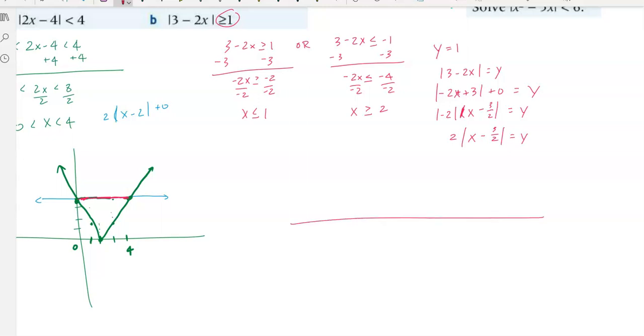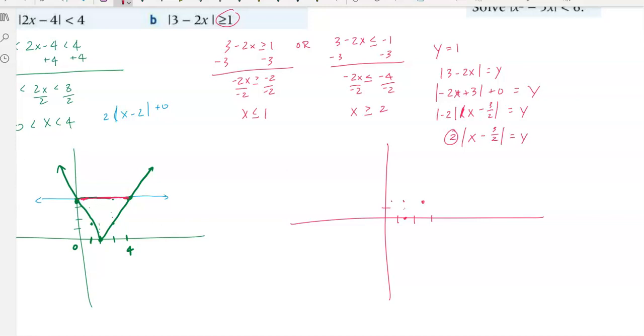Let's go ahead and graph. X equals 1, 2, 1.5. There's my vertex. I'm going to go up 2, up 1, 2, and right 1, and up 2.